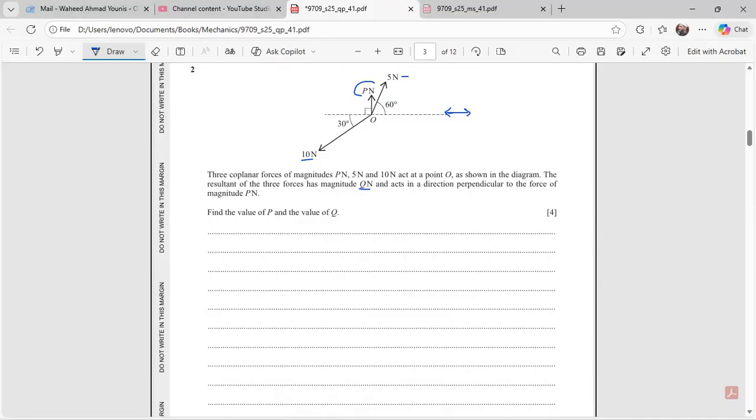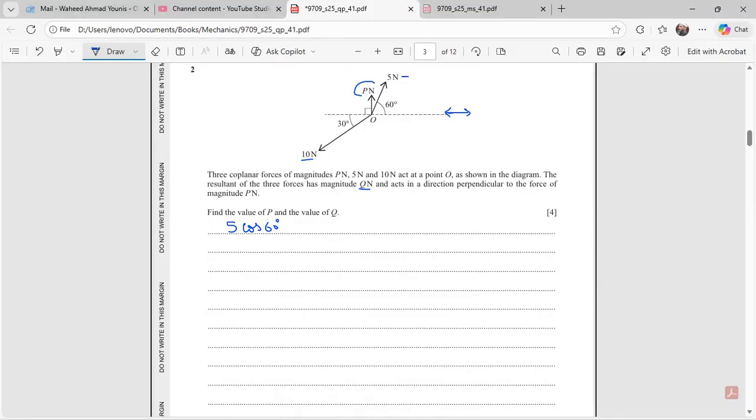Find the value of P and the value of Q. Okay, so we need to find the value of P and the value of Q. Okay, so sum of all forces along x-axis has a resultant force of Q, right? Okay, so what is the x component of this 5 Newton force? Of course, this is 5 into cos of 60 degree, right?